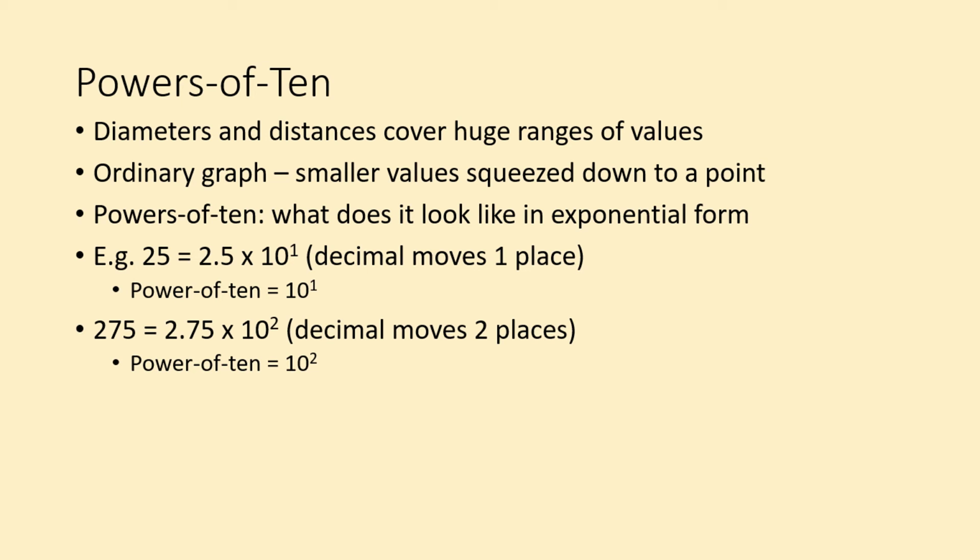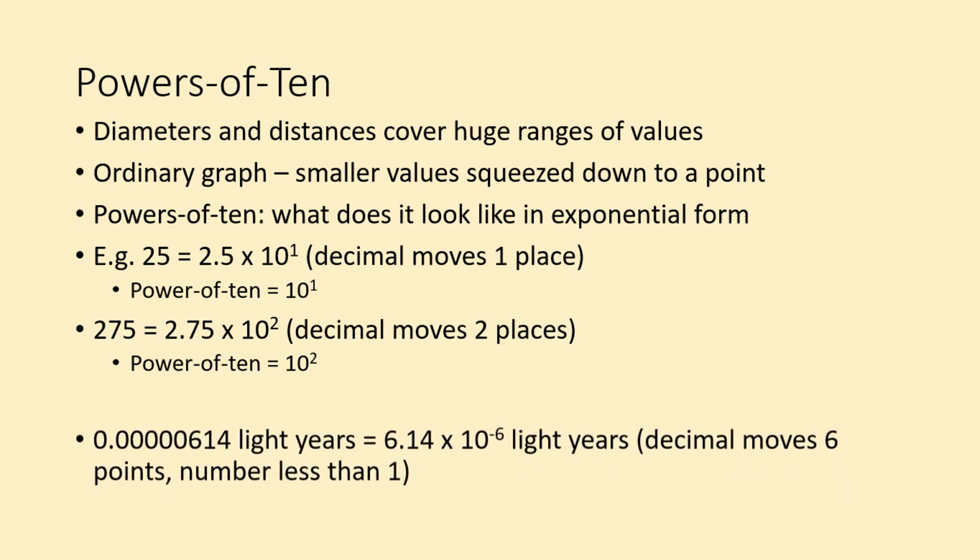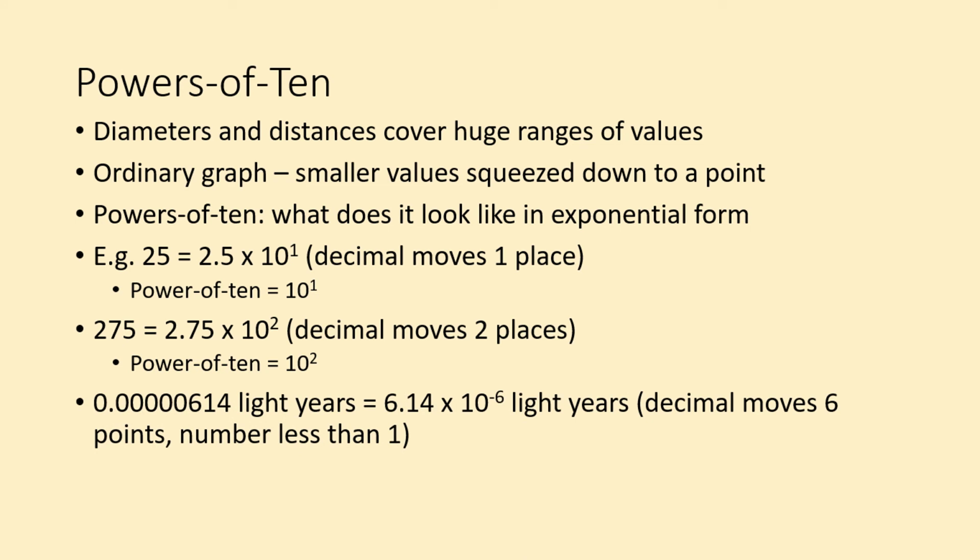Remember as well that if the number is less than 1, the exponent will be negative. Earlier, we saw that Mercury is 0.0000614 light years away from the Sun. In this case, you would move the decimal 6 places so that we could write this as 6.14 times 10 to the minus 6 light years.